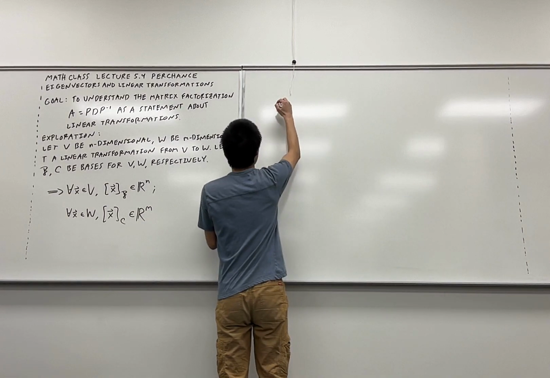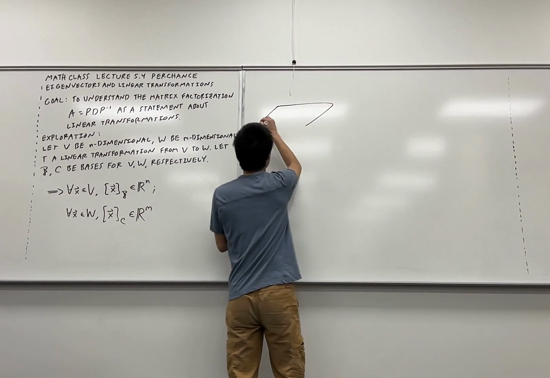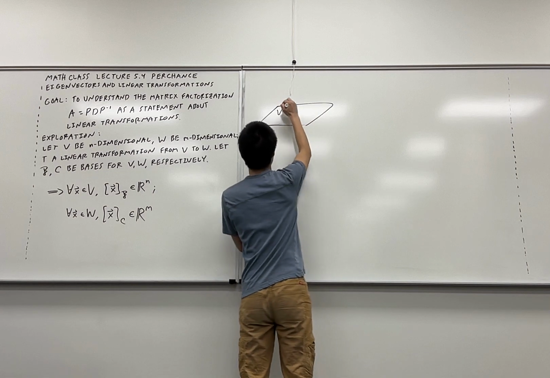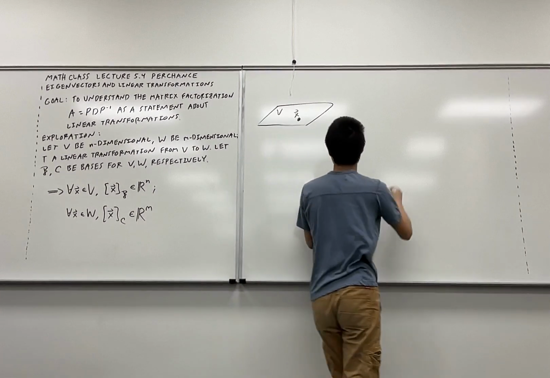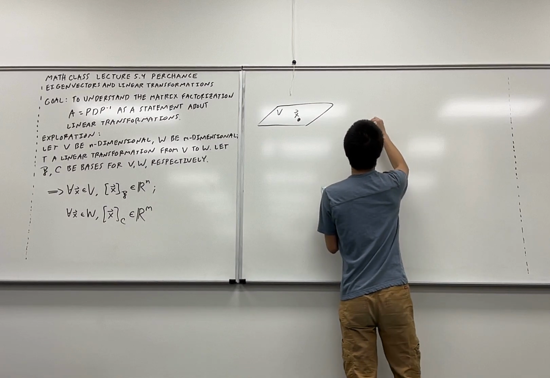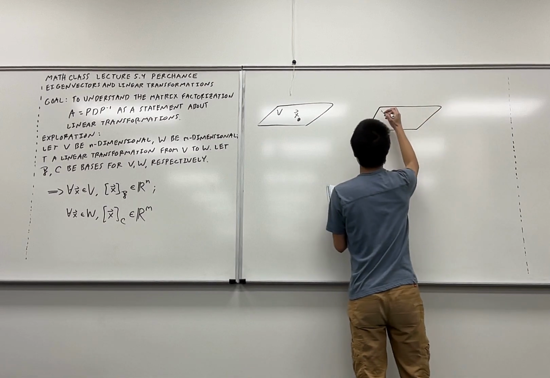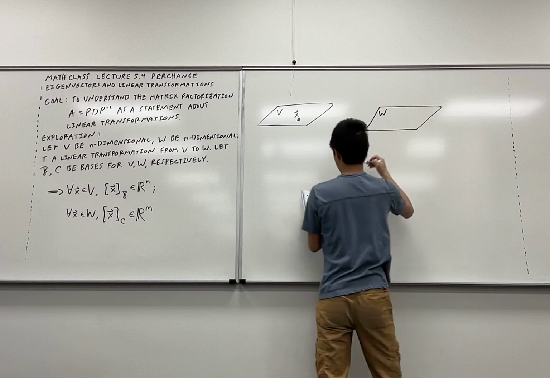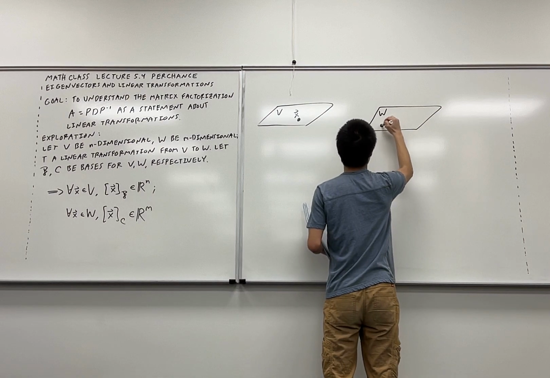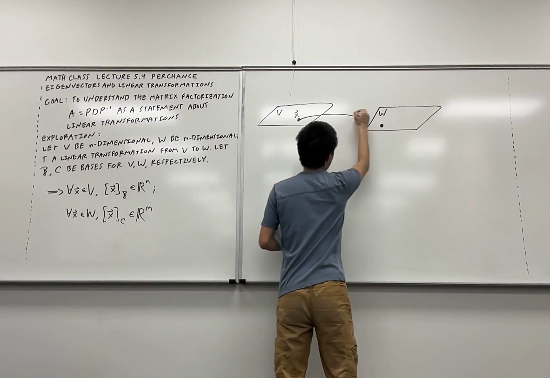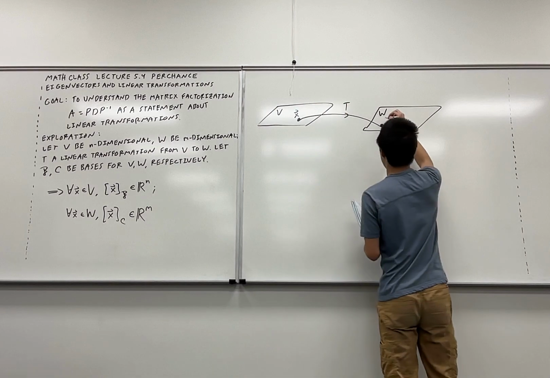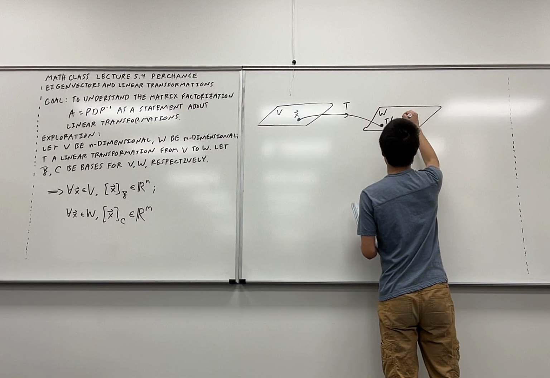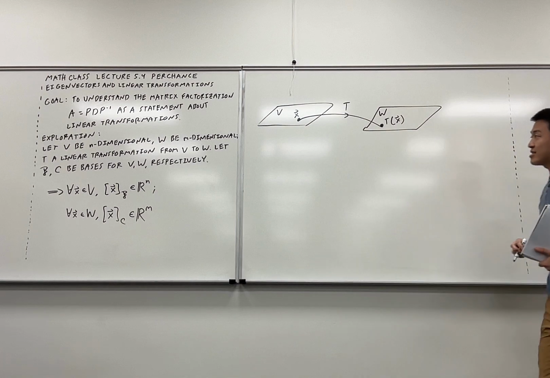So visually, say this is just a general vector space V, and I have my vector x in here. What I'm doing with the linear transformation, say here's another vector space W, is I can transform using my linear transformation. Now this is the image of the vector x by T, so T of x.